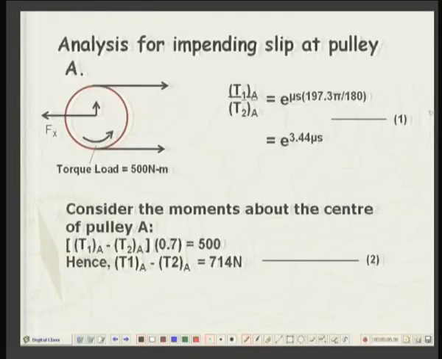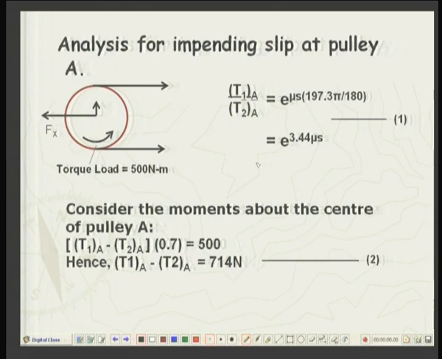So, T1A over T2A is equal to e to power mu s beta. Now, 197.3 is to be converted into radians, so multiply by pi over 180, because 180 degrees is equal to pi radians. So, 197.3 times pi over 180 times mu s, which is unknown. So, we will have this ratio equal to exponential of 3.44 mu s.